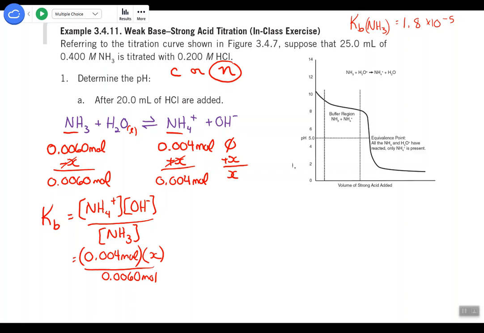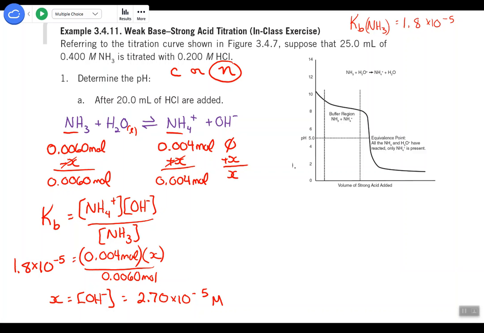The Kb we pull from another question. This is something that we could look up in our data table, the Kb of NH3. Therefore, the concentration of hydroxide at equilibrium, that X value, is 2.7 times 10 to the negative 5.